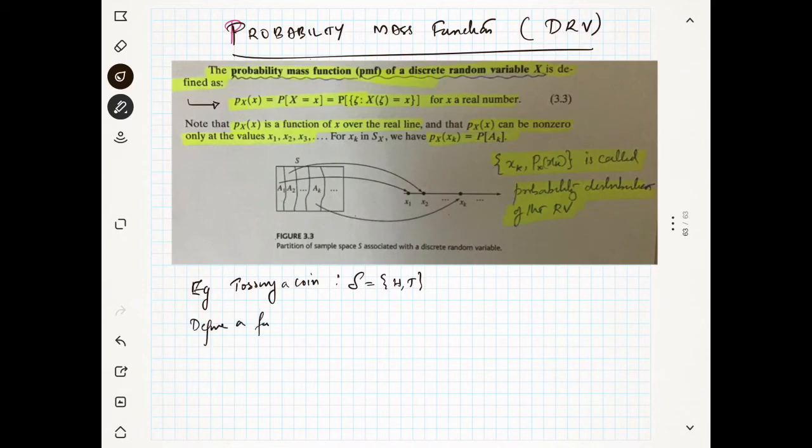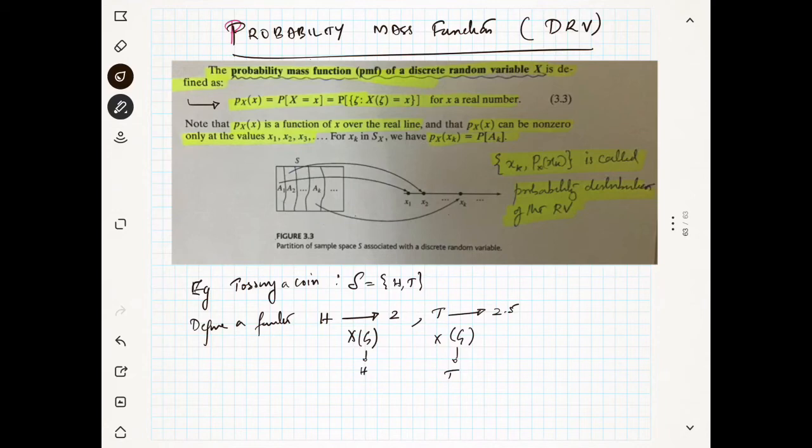Define a function: head means I will note it as 2, and tail means I will note it as 2.5. Then that is my mapping, x of zeta, where zeta is each outcome. Here zeta is head and here zeta is tail.